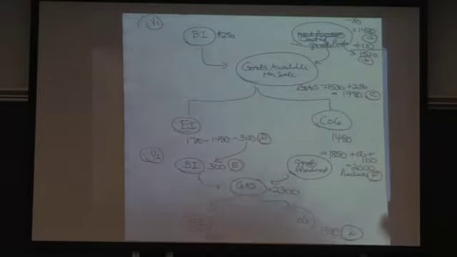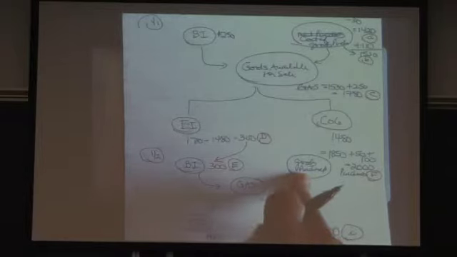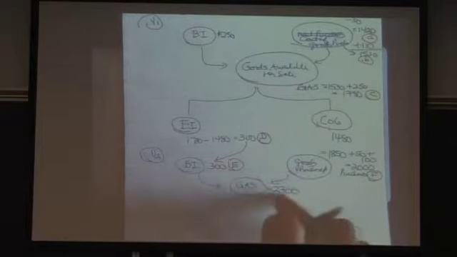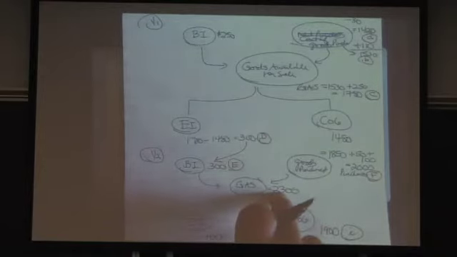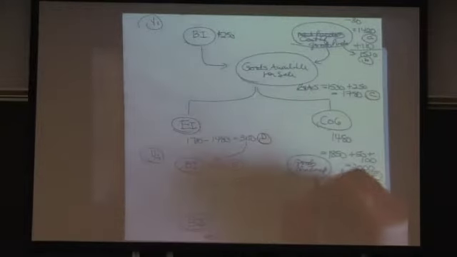Now, let's come up with this. So we know that this has got to be 2,000, goods purchased. If goods available for sale is 2,300, and the beginning inventory must be 300, this has got to be 2,000.